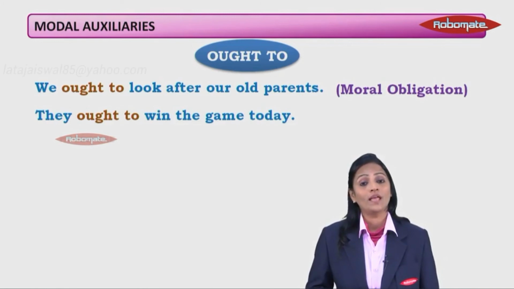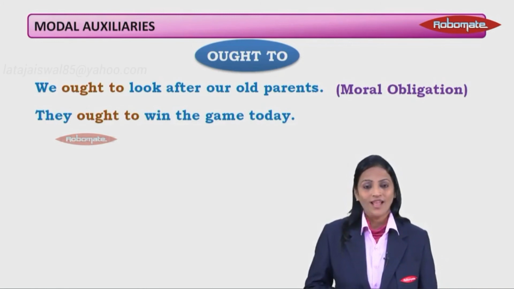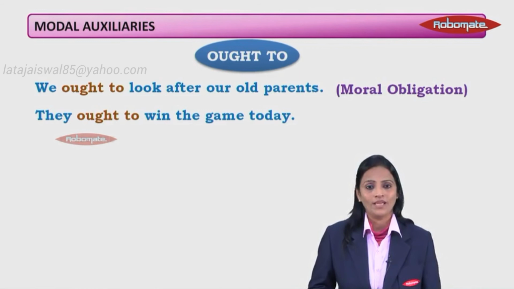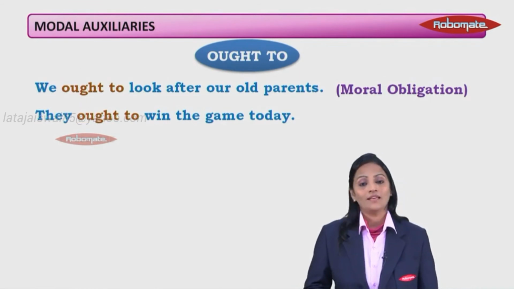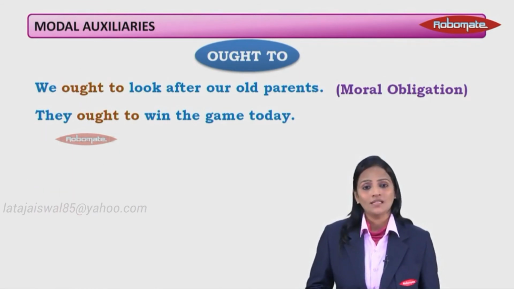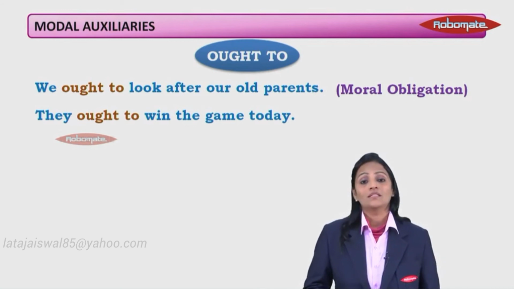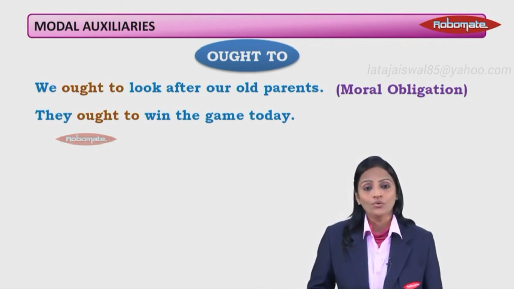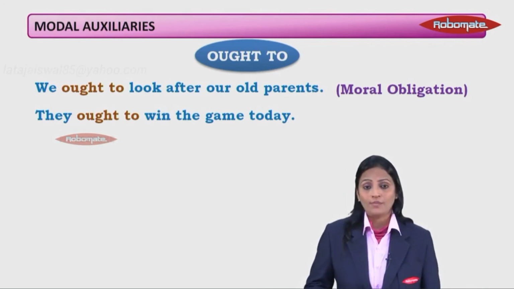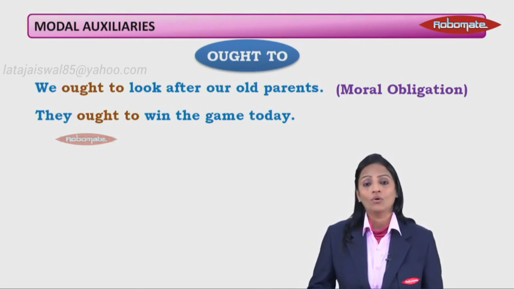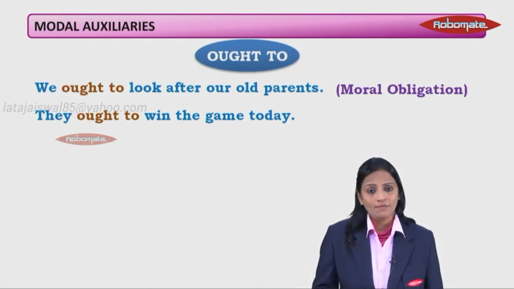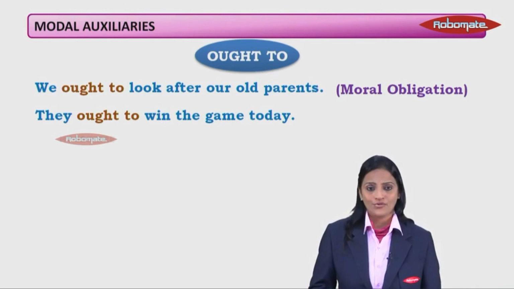They ought to win the game today. Now here, students, it is not a moral obligation or an obligation. It is based on certain things that have happened. Certain situations, you can state something. For example, there's a match going on and you know that the opposite team, the opponents, are not very strong.